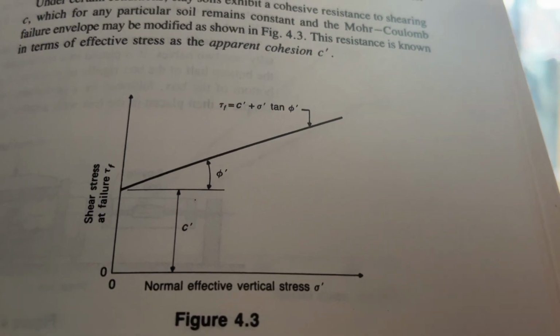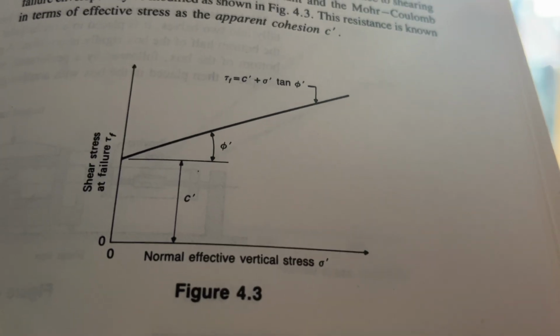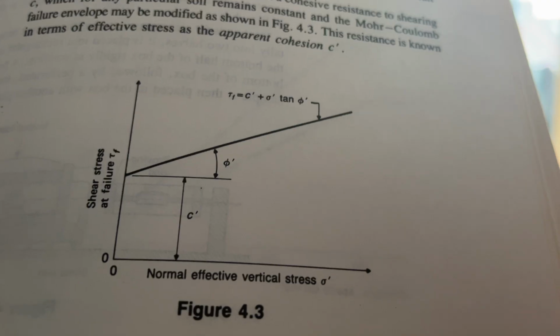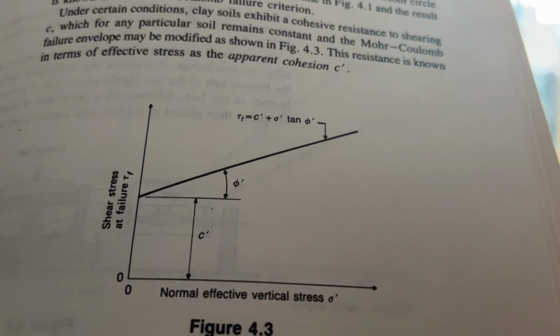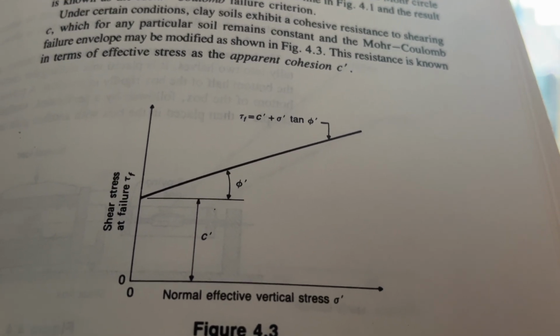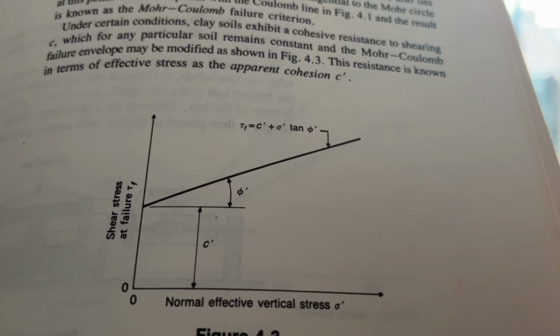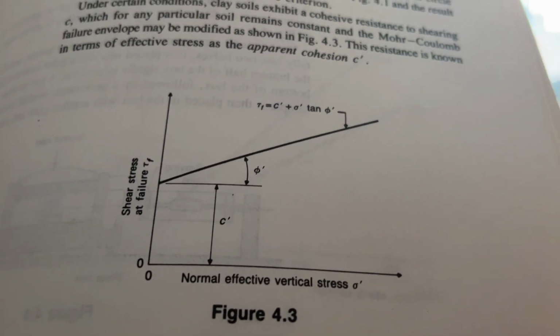The angle of that line is phi dash, and c dash is the constant. So it's linear, isn't that the form of y equals a function of x plus a constant? Yeah, c is like the constant, if you compare it to mathematical things.